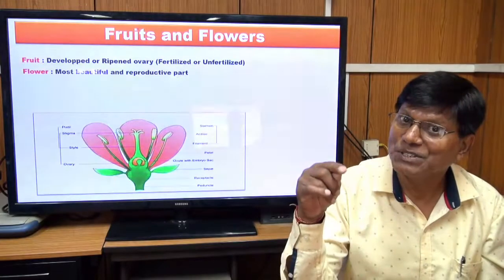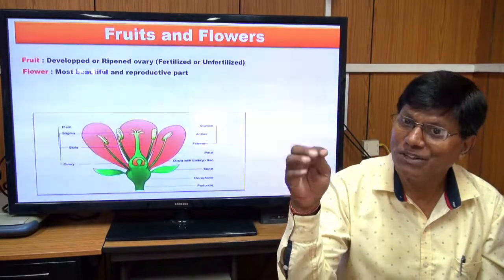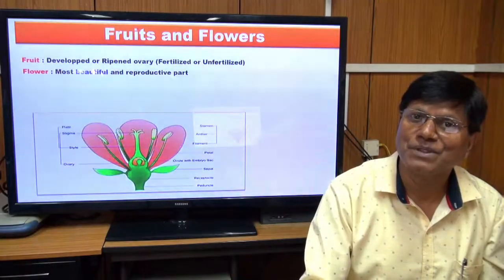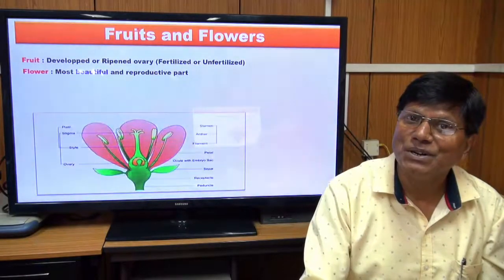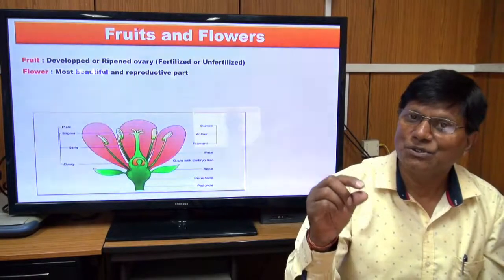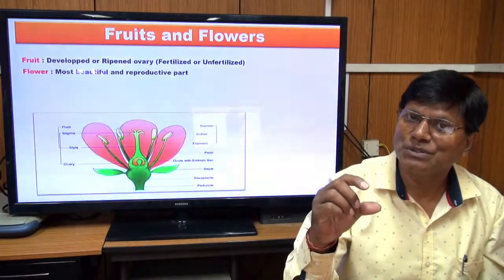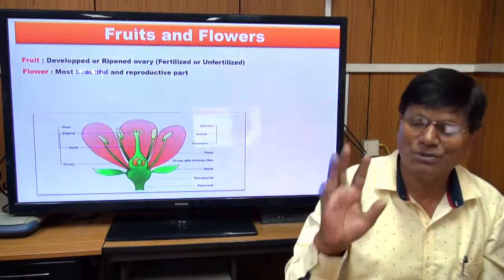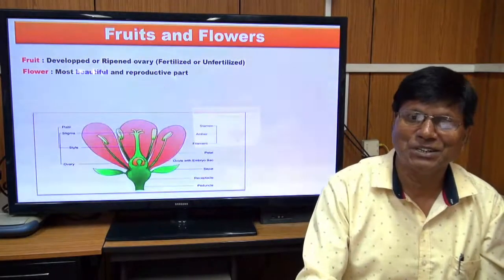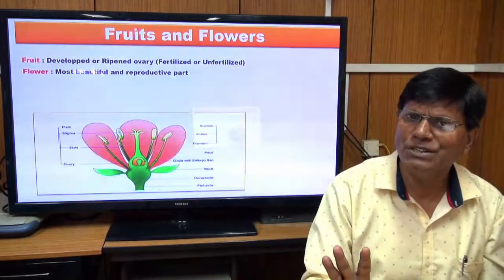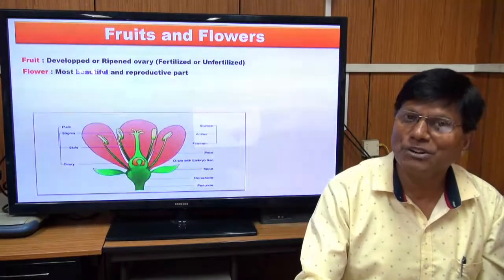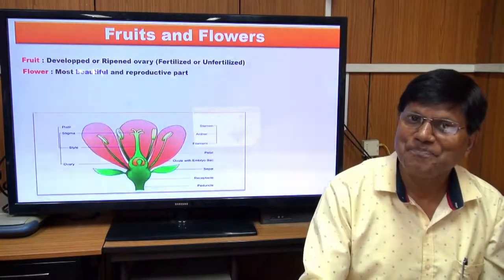So where are leaves in flower? Calyx, corolla, even androecium, gynoecium are modified leaves. Where is stem? Calyx and corolla are at the whole. Let us understand clearly. Basically, flower is a modified shoot, the most beautiful part of a flowering plant.